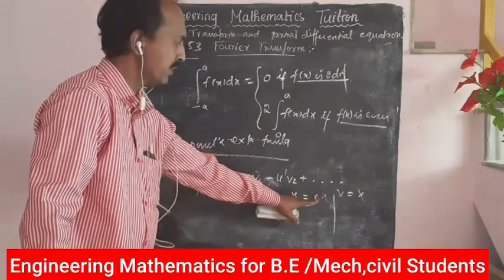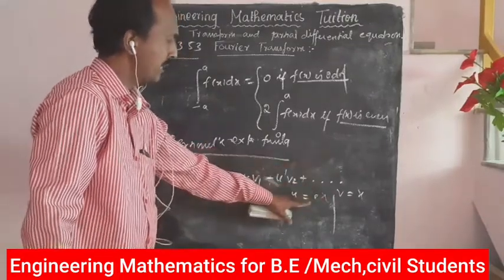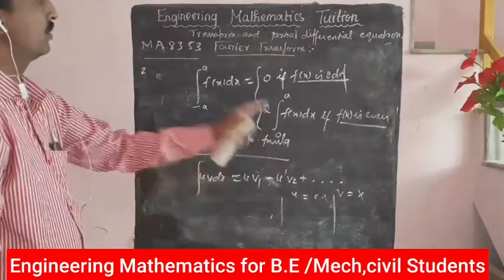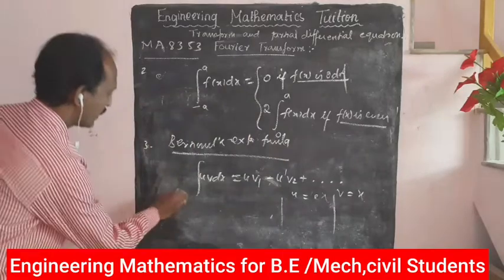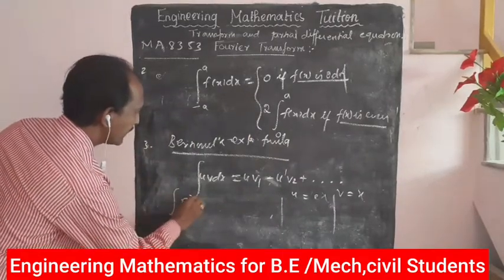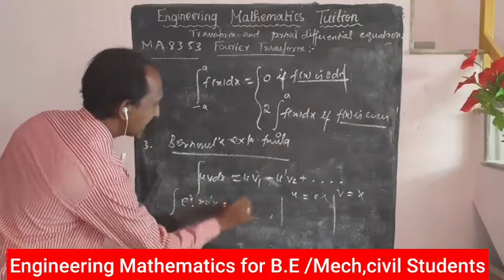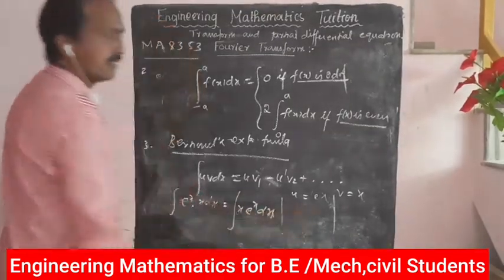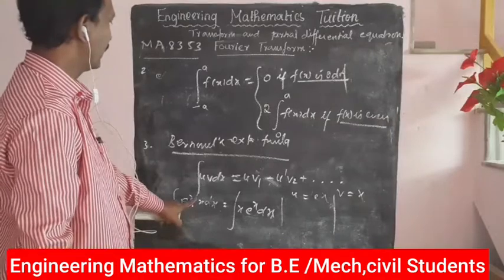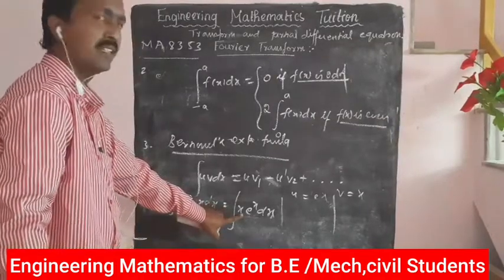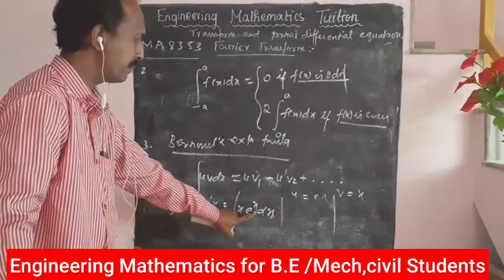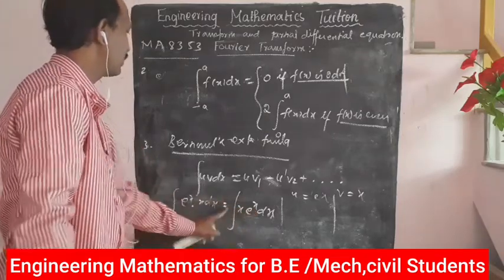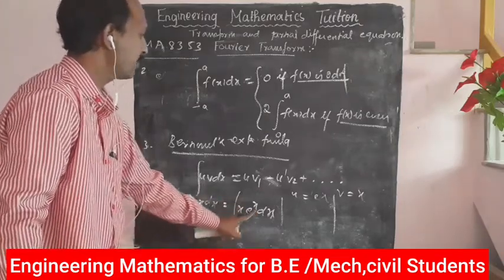Only the term whose derivative is finite, we take as u. So integral of e power x into x dx is rewritten as integral of x into e power x dx. The reason is u is finitely differentiable and v is e power x. So we interchange these two terms, that is x into e power x dx.